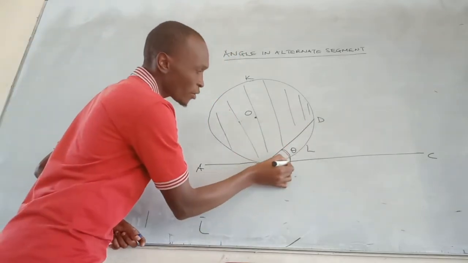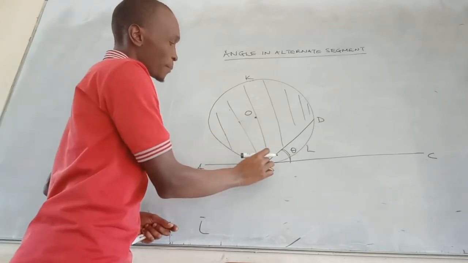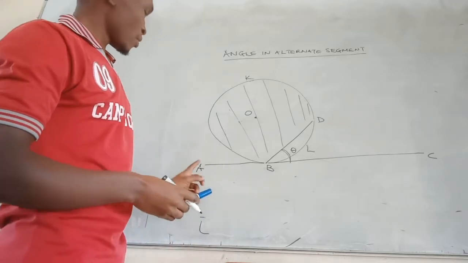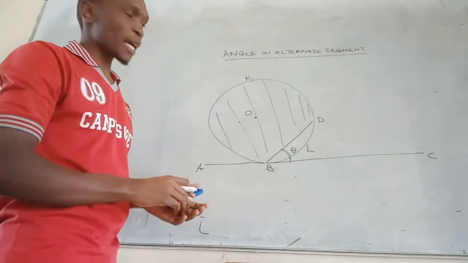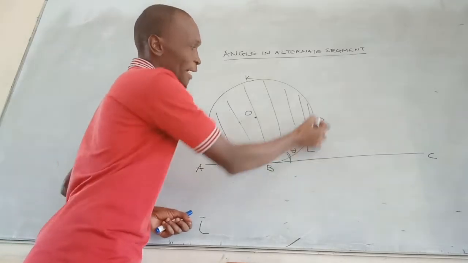So the angle theta is an alternate angle to the segment BKD. At the same time, the angle ABD is an alternate angle to the segment BLD.